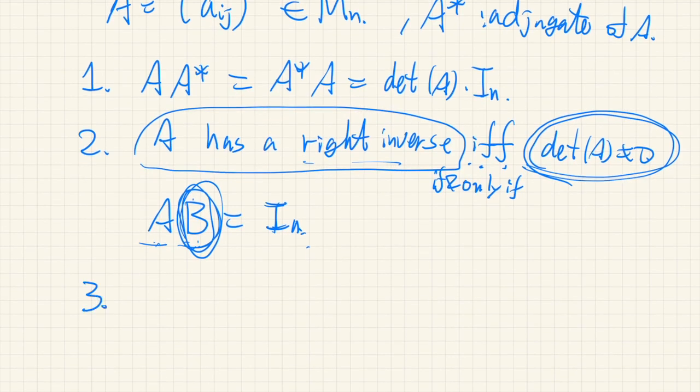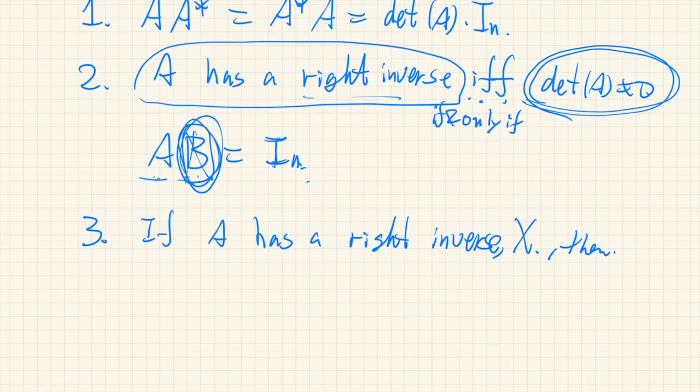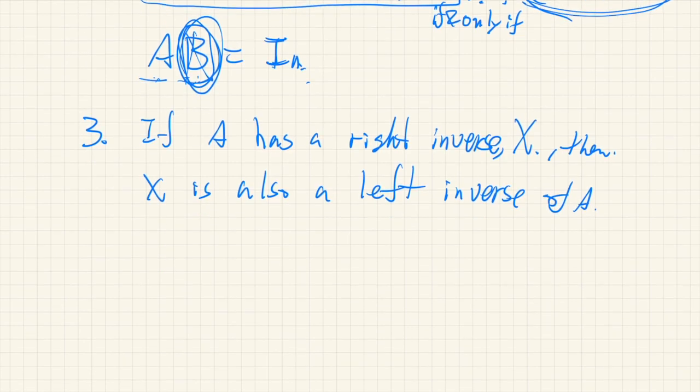And 3: if A has a right inverse, let's call it X, instead of B, then X is also a left inverse of A. So what that means is this.